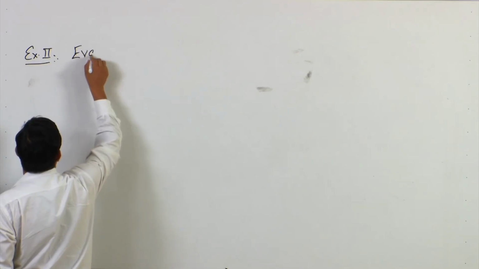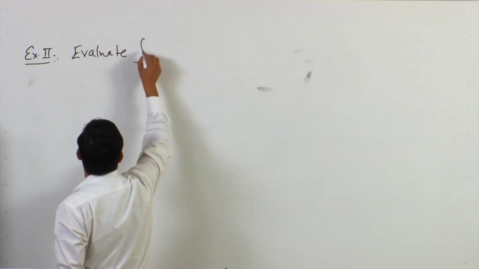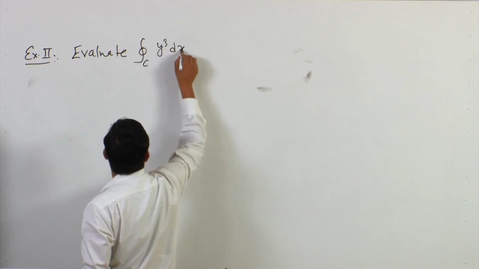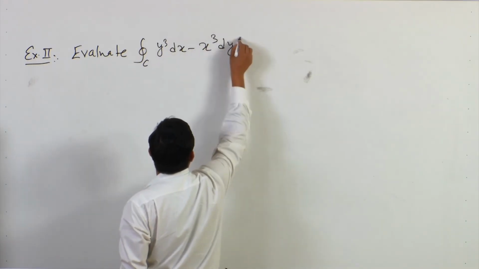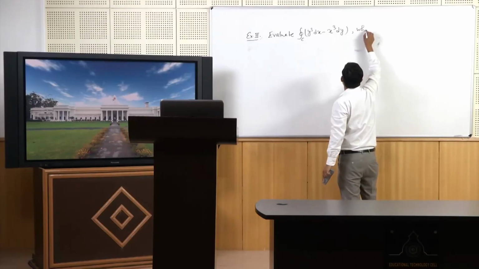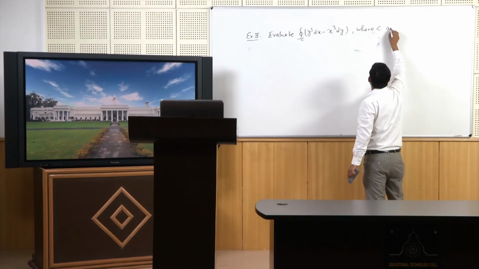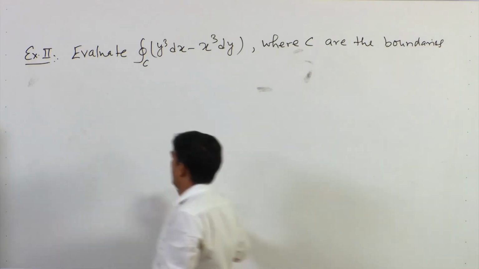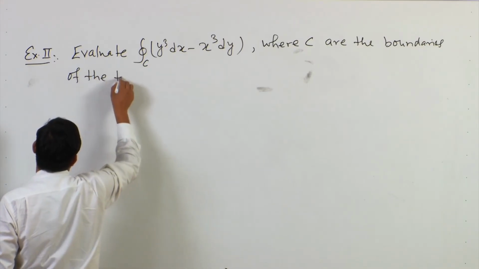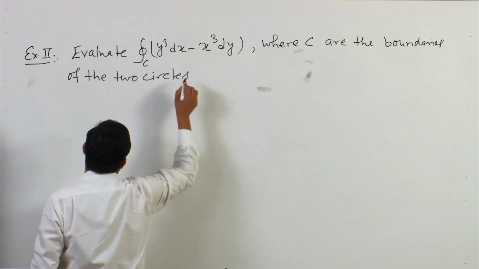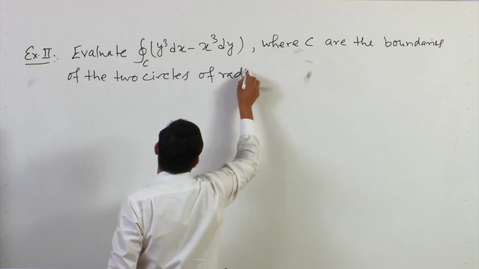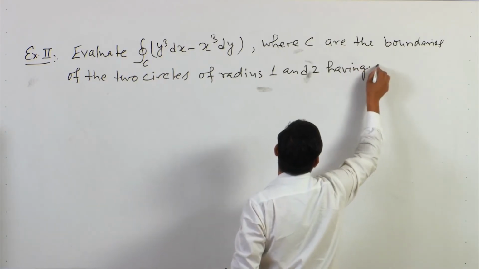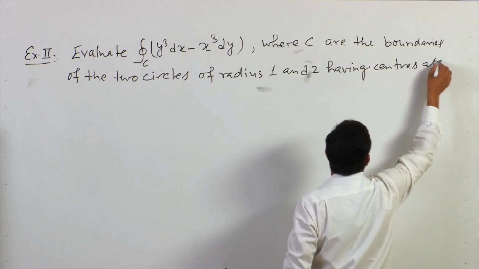Again, evaluate the line integral over the closed curve C, given by y cube dx minus x cube dy, where C is the boundary of the 2 circles of radius 1 and 2 having centers at the origin.